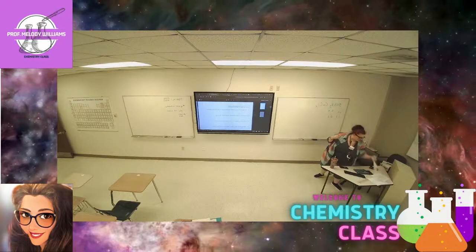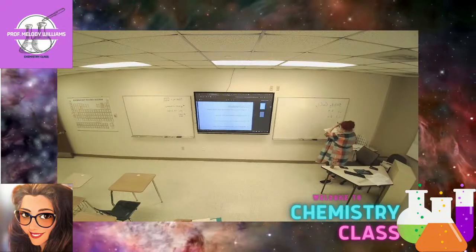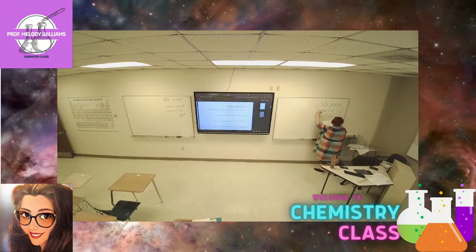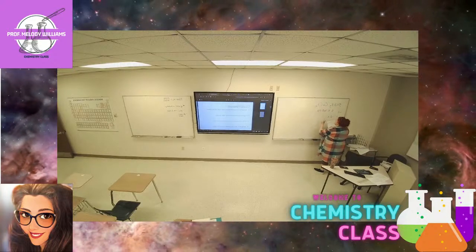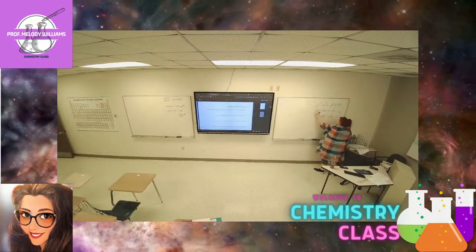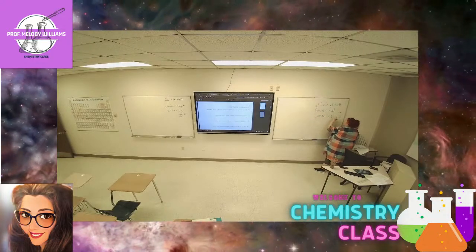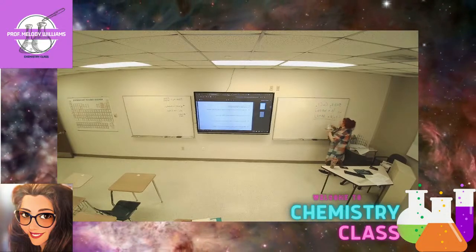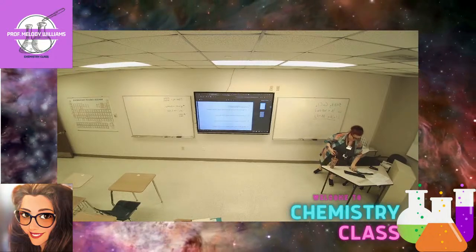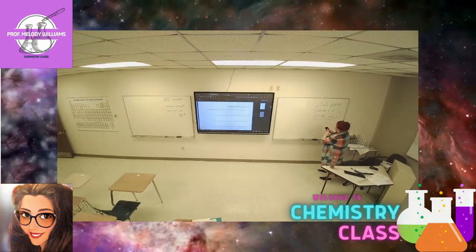Periodic table right here. For calcium, 40.08, something like that. Chlorine, 35.45. Multiply these together and then add them up. Now, if you use your calculator, make certain you use order of operations.